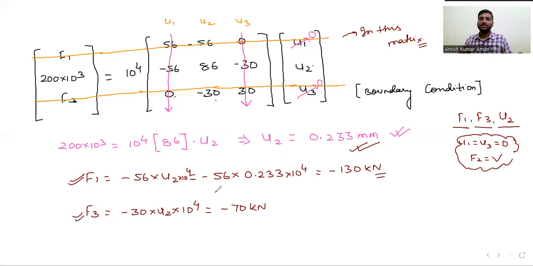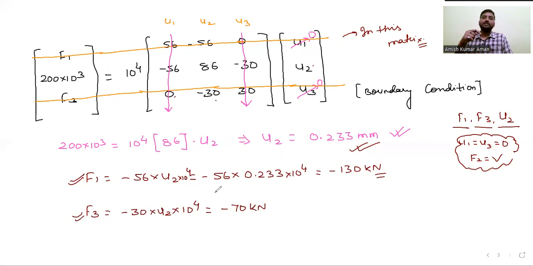Apart from this, they can ask you stress values: calculate the stress at node number 1, at node number 2, at node number 3. What we have calculated till here are direct things, right?